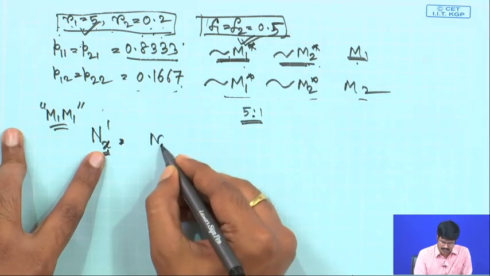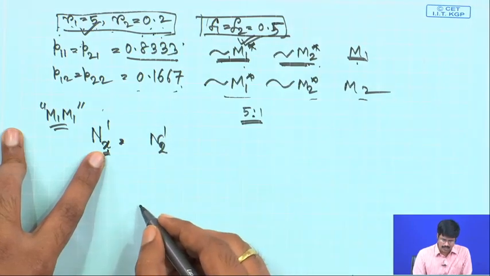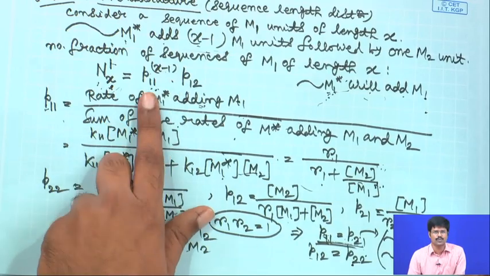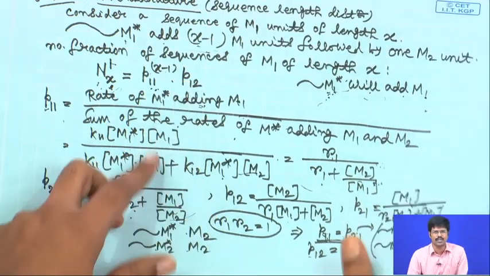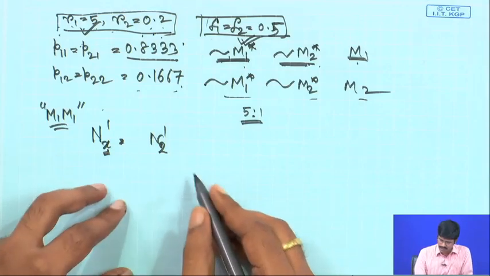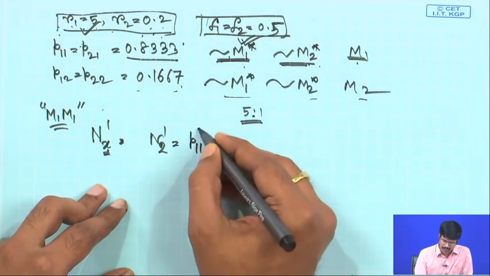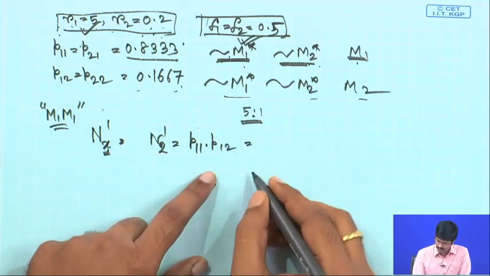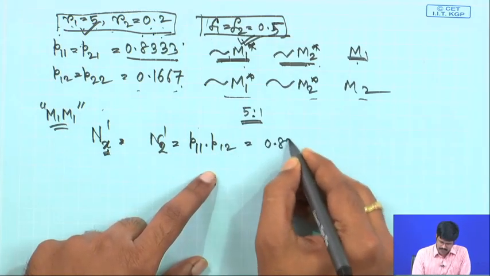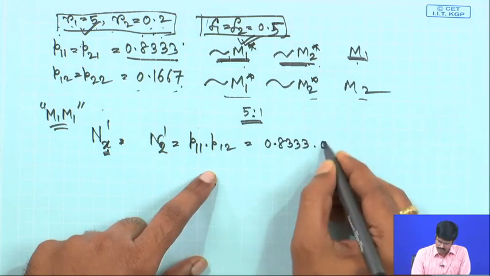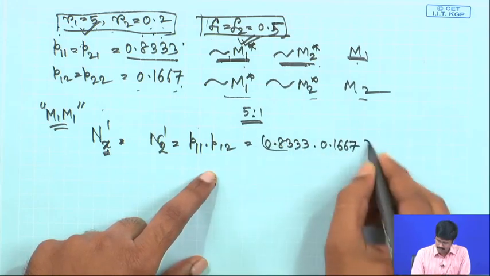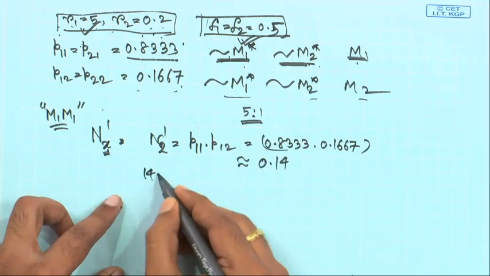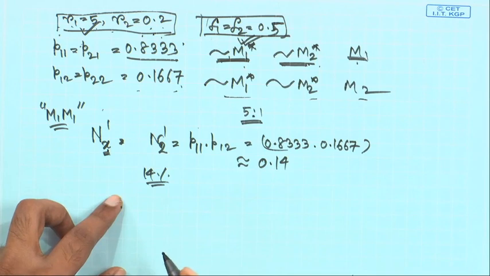So, here you are talking about N21 and your expression was basically P11 to the power x minus 1 into P12. So, that will be P11 to the power 2 minus 1 into P12, so P11 into P12, and if you put these values here, 0.8333 into 0.1667, that becomes 0.14. So, basically you have 14% dyad in the system.